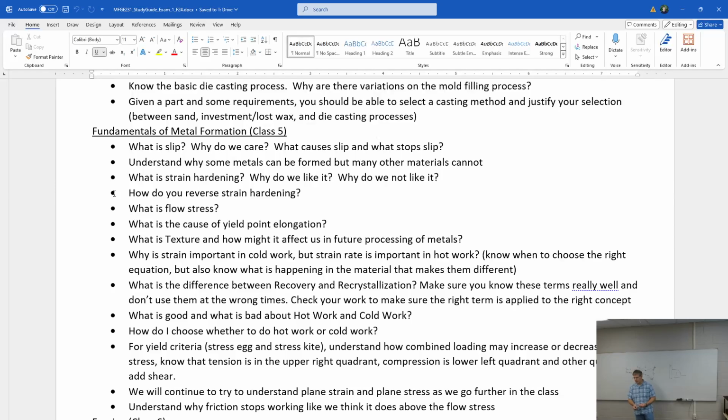Those are two that get interchanged when people are talking about them on a test in a high pressure situation, and that makes answers that are really confusing. Is recovery like the interstitial points moving around, and recrystallization is like the new grain slowly forming? Yes. The way to remember it is recrystallization means that the crystals are changing, so that's got to be hot work for the crystals to change.